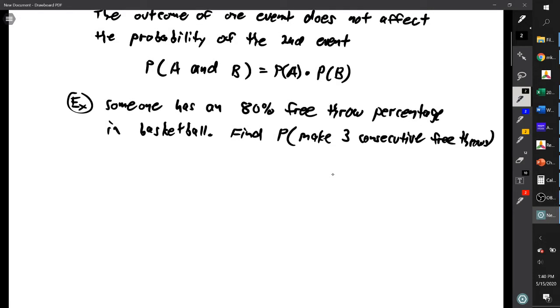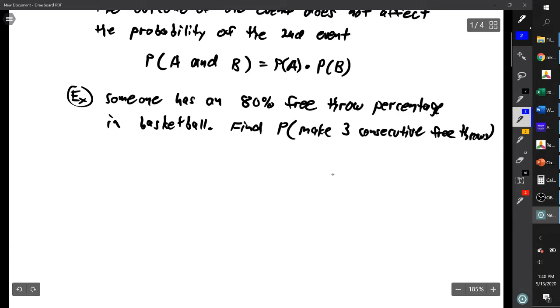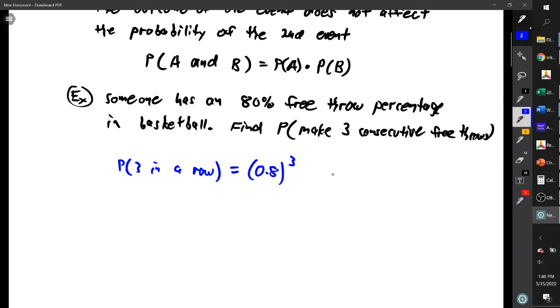Okay, so if each one is 80%, we want to find making three in a row. So P of three in a row is just going to be 0.8 to the third, right? Because it'd be 0.8 times 0.8 times 0.8.